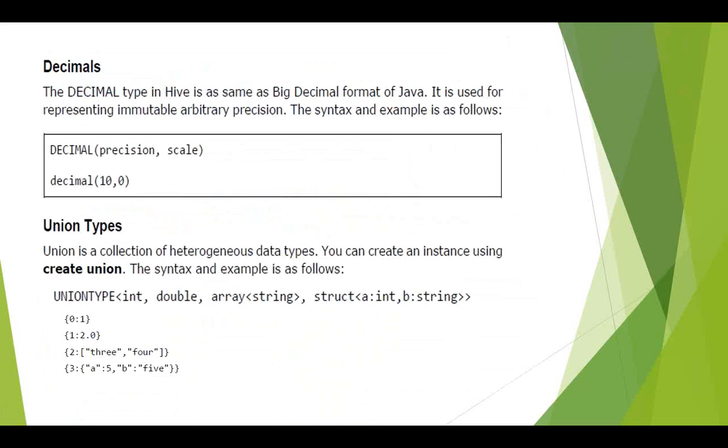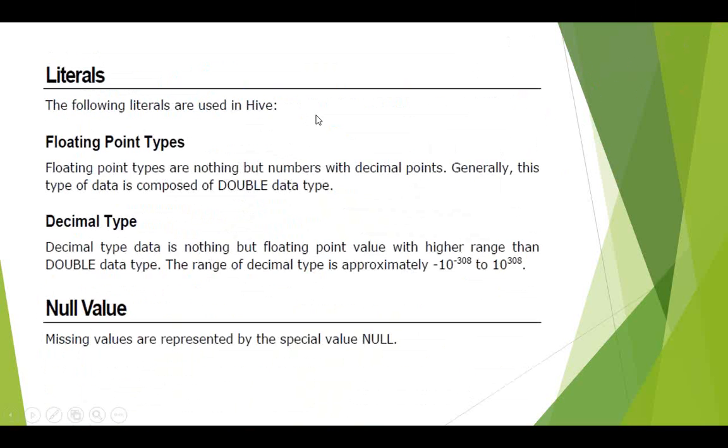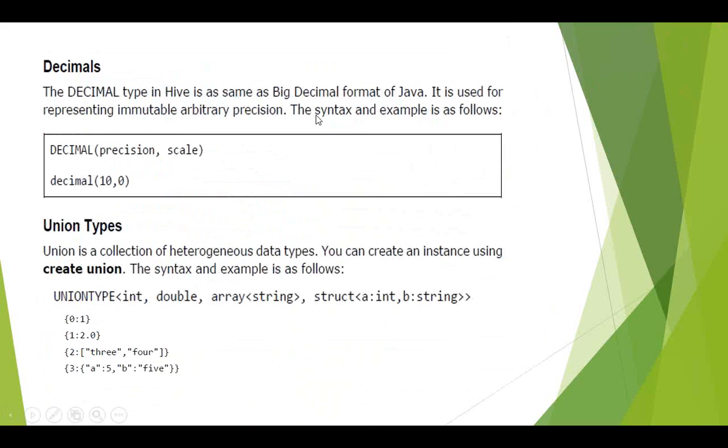One of your friends has answered, along with some details about what the collections are, like list, set and map. So this union type is used to select heterogeneous types of data in your Hive. One example is also given there, containing integer type, double type, array type, and structure type.